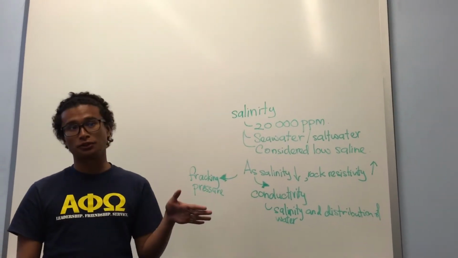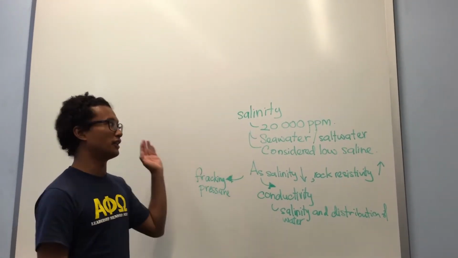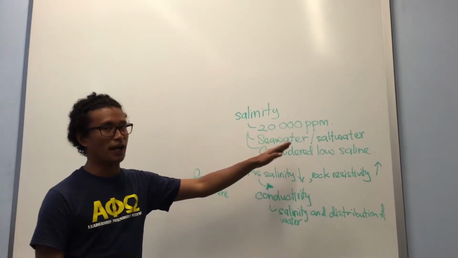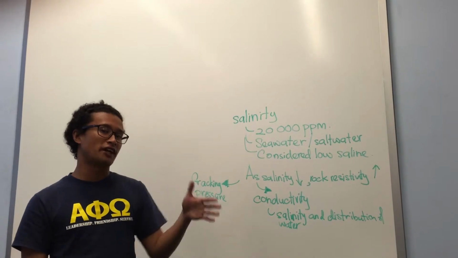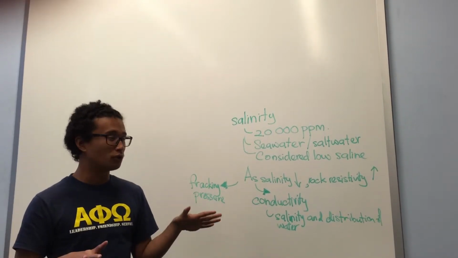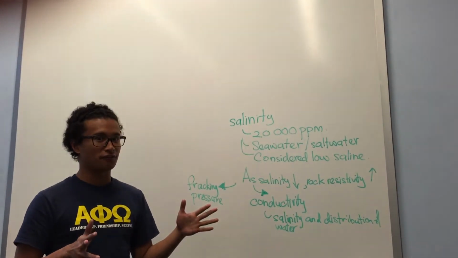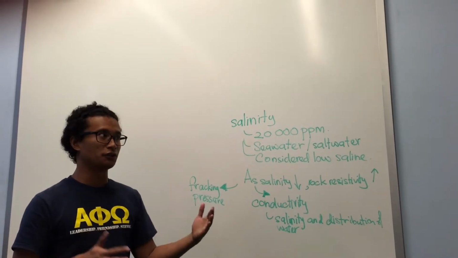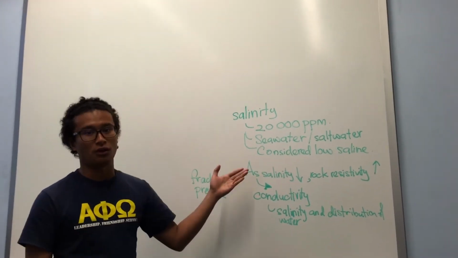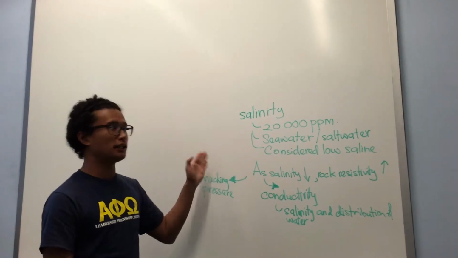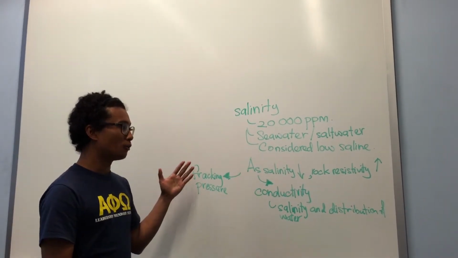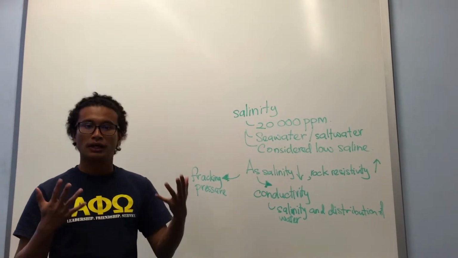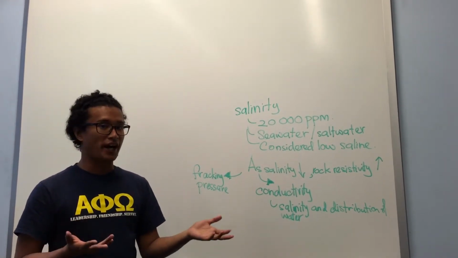When you go through problem 11, you'll find out that the salinity is about 20,000 parts per million. When you look at the graph, 20,000 is pretty low. But when you look at a real graph of salinity of each fluid, it should be seawater or salt water, but it will still be considered a low saline fluid. So why is it important to know what kind of formation fluid we have down there?